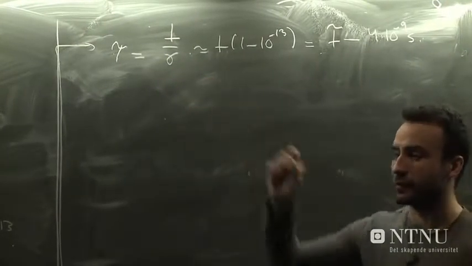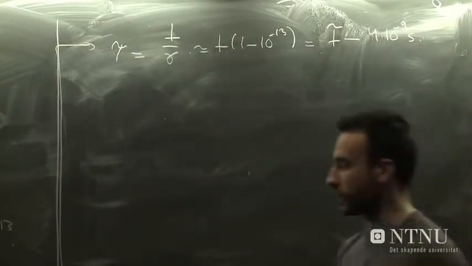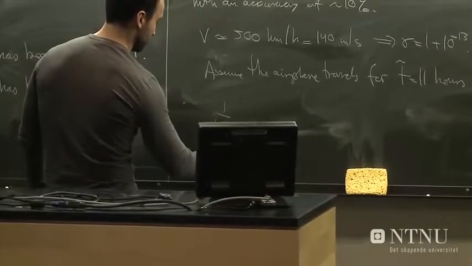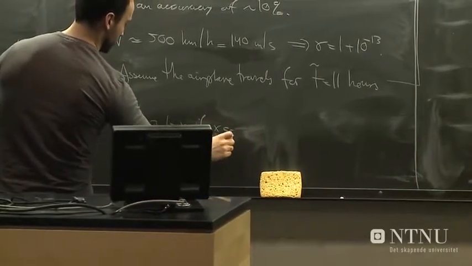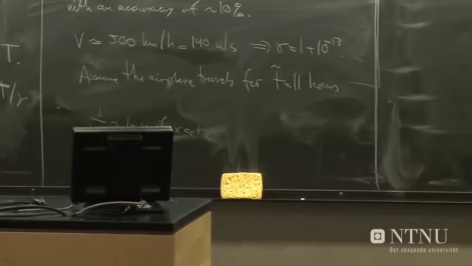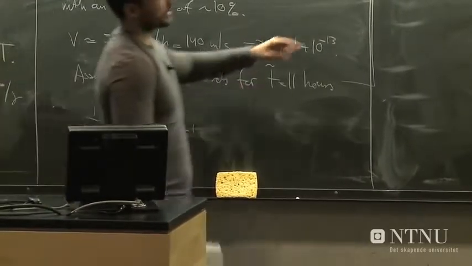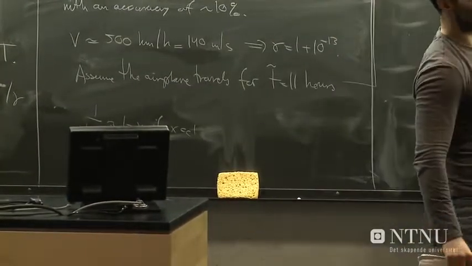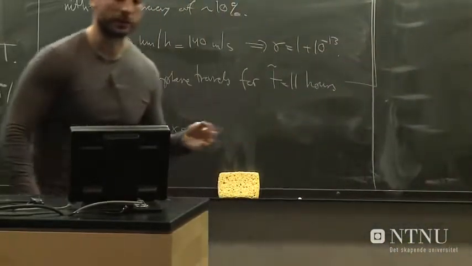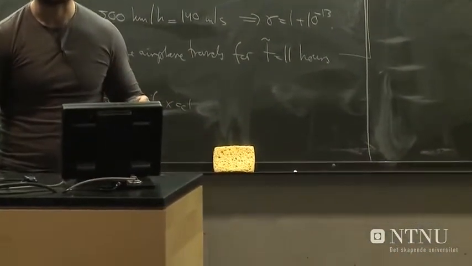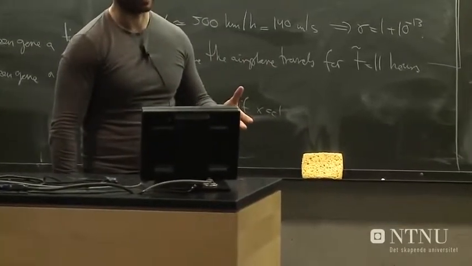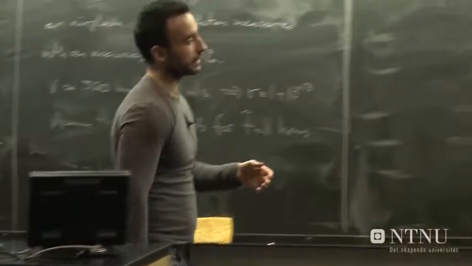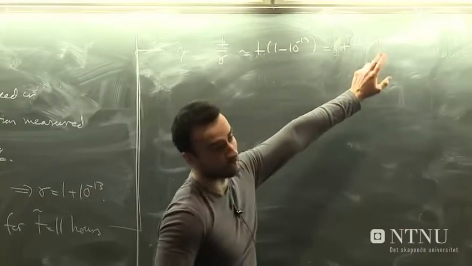And if we divide by a very small number, then we can use the following expansion. So basically the difference between a clock in the plane and a clock on Earth, measuring how long the airplane has been traveling, is 4 nanoseconds.